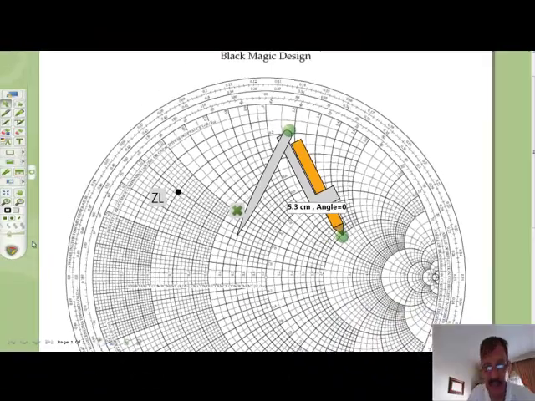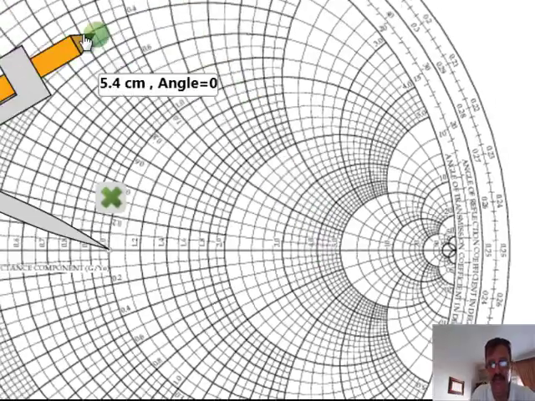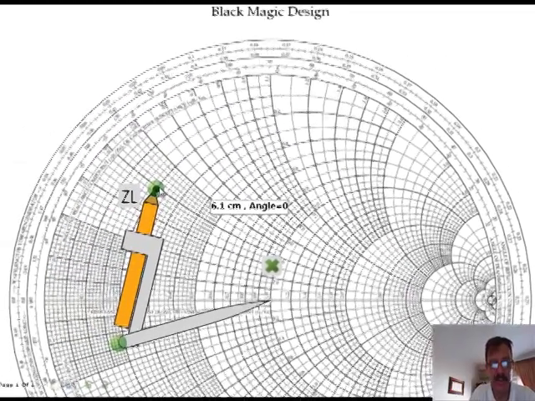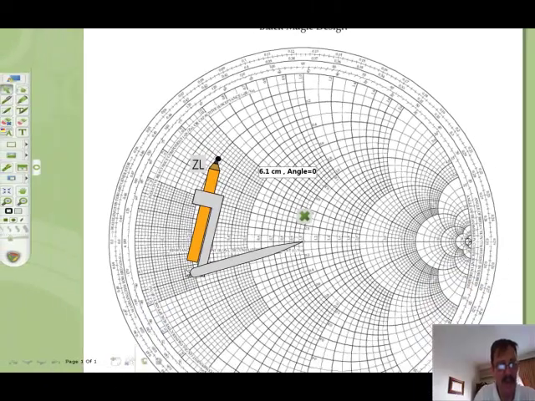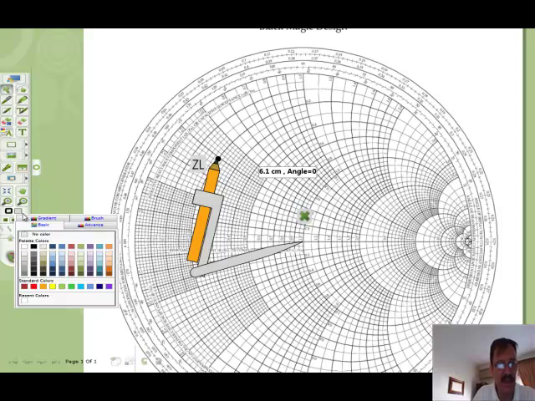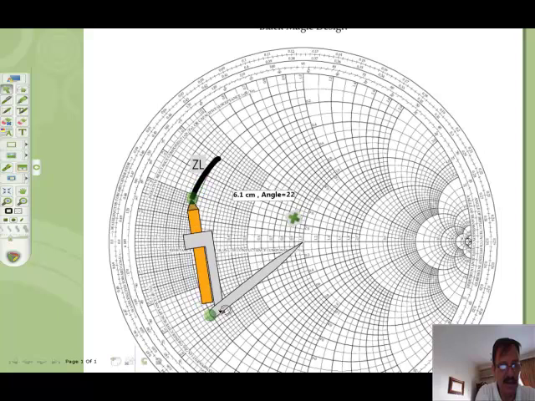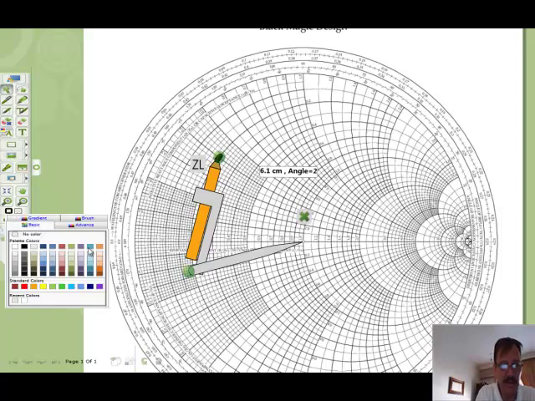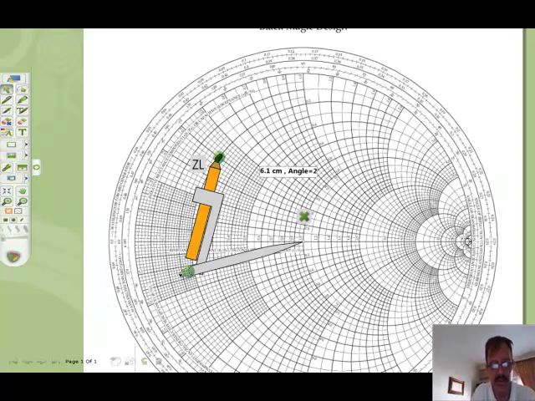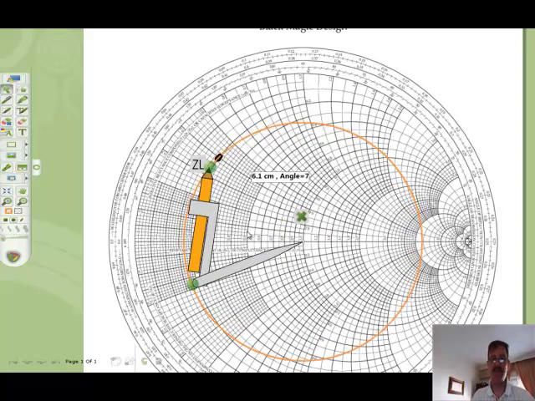We put the origin, that's the origin, and then we move the other point into our point, and then we can now draw a circle using a different color. Here we go to change the color. And now we can move this as you see, and we can draw a circle.